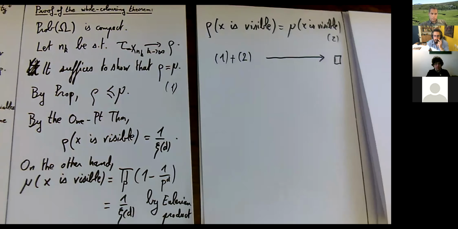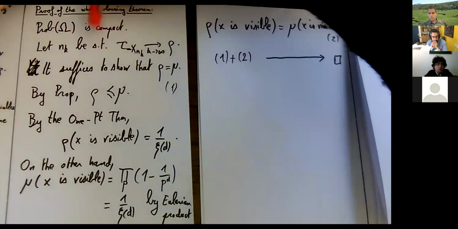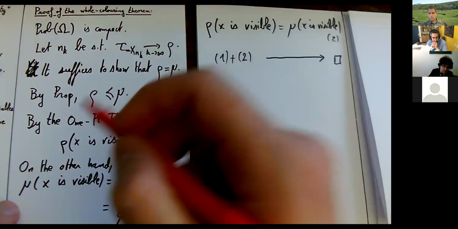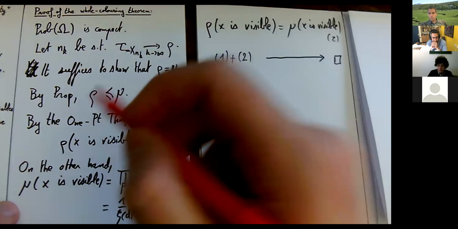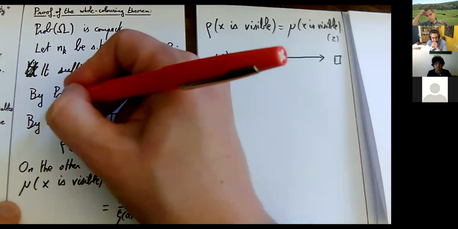So I would like to comment that what was crucial here, well, it was important to have this proposition, of course, to have the inequality, and it was important to have the one-point theorem.